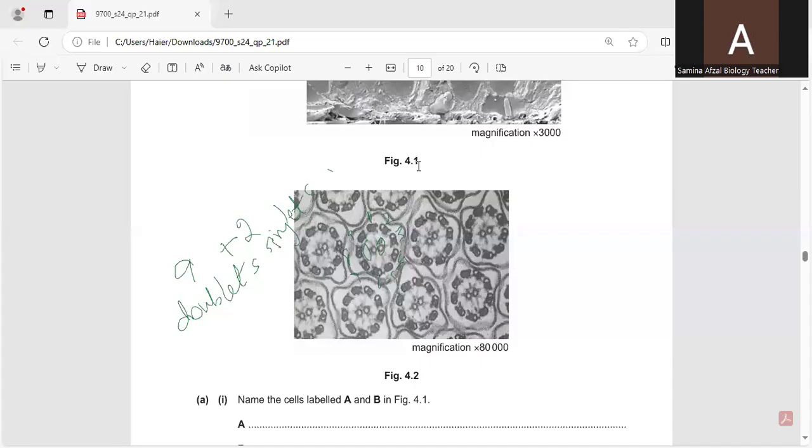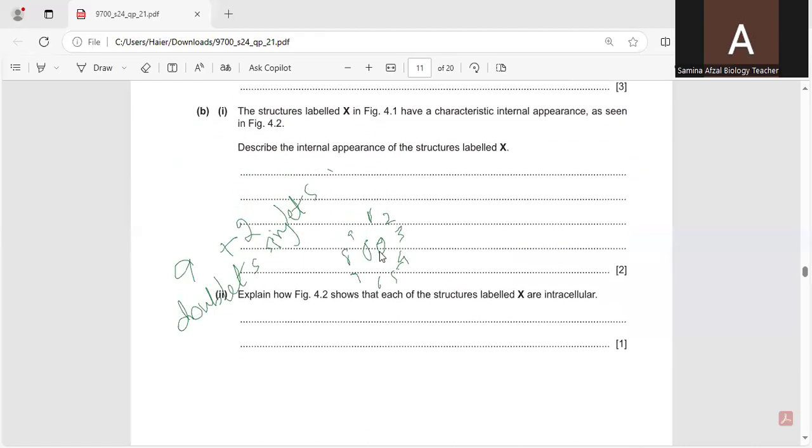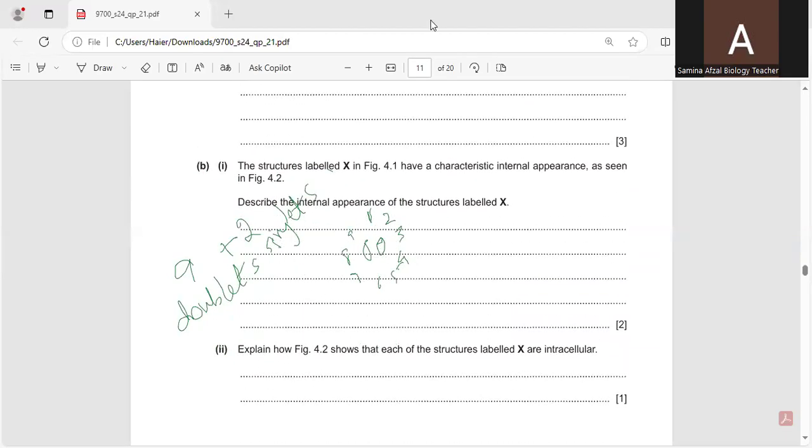It can be shown in the picture. You can see the pattern is this: there are 9 doublets and 2 singlets in the center. This appearance shows the 9 plus 2 pattern.